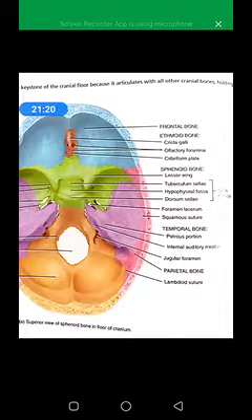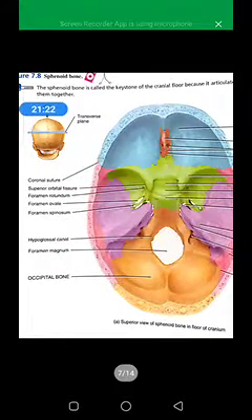In this view you can see the coronal suture, the superior orbital fissure, the foramen rotundum, the foramen ovale, the foramen spinosum, the various foramina for the various structures to pass into the cranium. Now there is the hypoglossal canal, the foramen magnum, and the occipital bone.